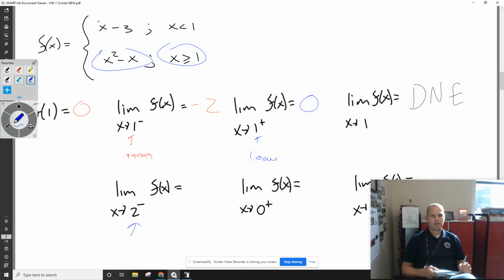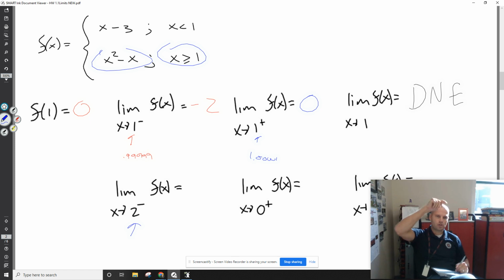So you're not going to plug it into this one just because it's to the left. 2 from the left doesn't mean use the piece for x less than 1. It's like, which function do we use for 1.9999? This one, for all x greater than or equal to 1. So I'm going to plug 2 into that one, not 1.999. It's going to give you a y coordinate that's essentially the same. It's approaching this value. 2 squared is 4, minus 2 is 2.